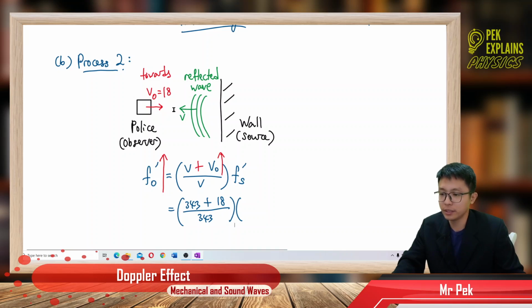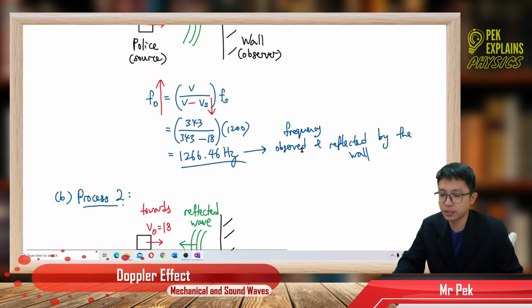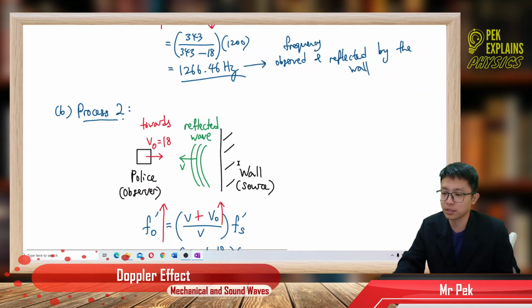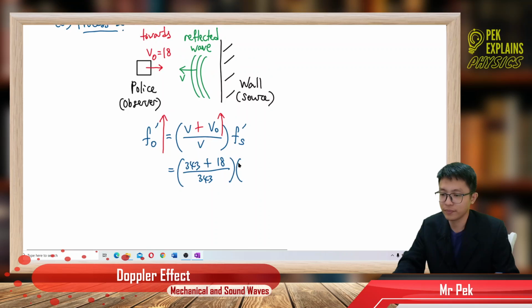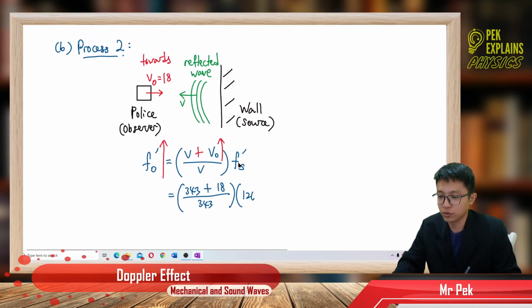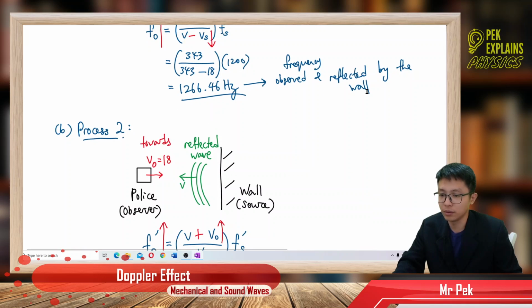The frequency that he receives is the frequency reflected by the wall, which was observed by the wall initially, 1266.46. It's not 1200 anymore, because the wall observed a frequency that was already increased.